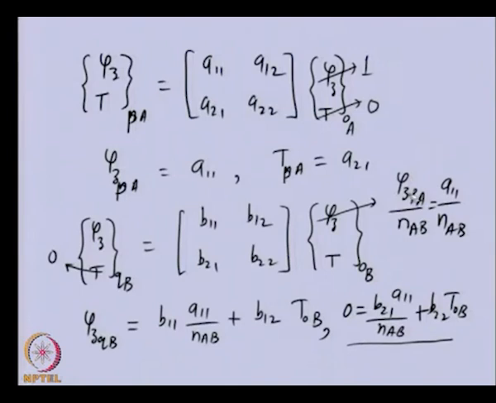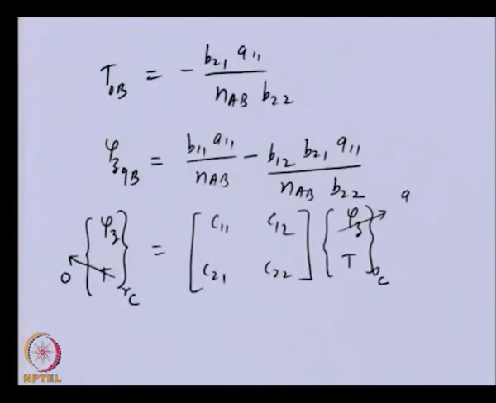So here the gear ratio will change: A11 divided by A to C. Earlier it was A to B, now it is A to C.